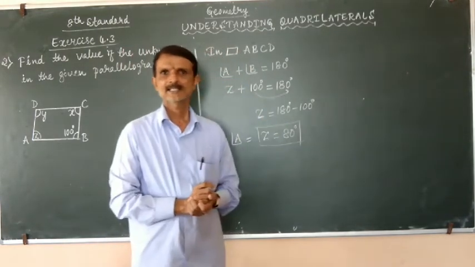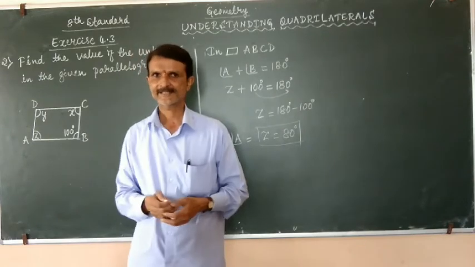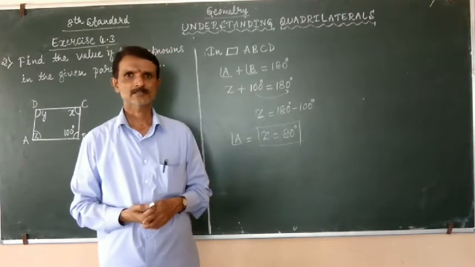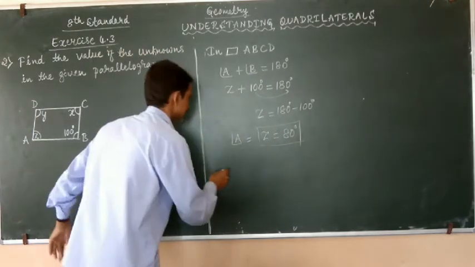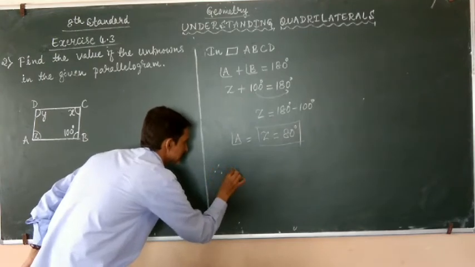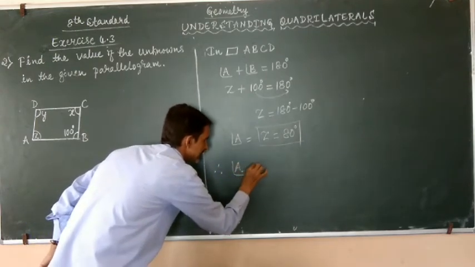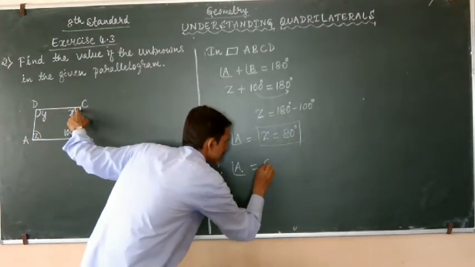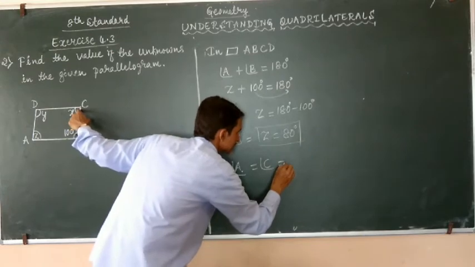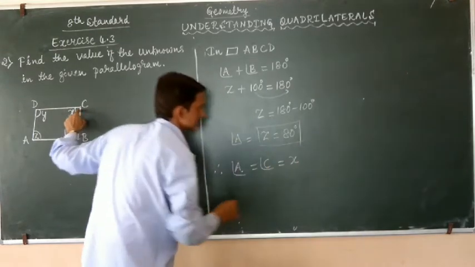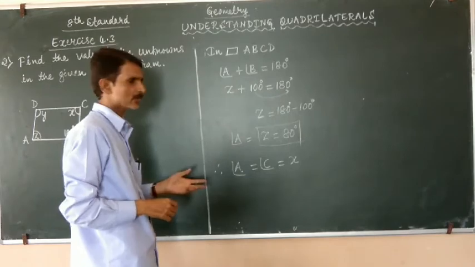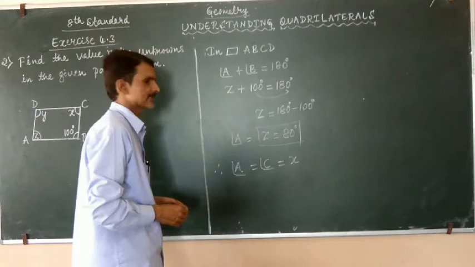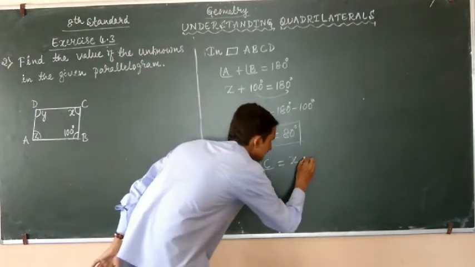Okay, students. Now we can use the same property. Adjacent angles are supplementary, or we can use the opposite angles are equal. So now we can write angle A equals angle C, which is equal to X, because angle A is equal to angle C, as they are the opposite angles.